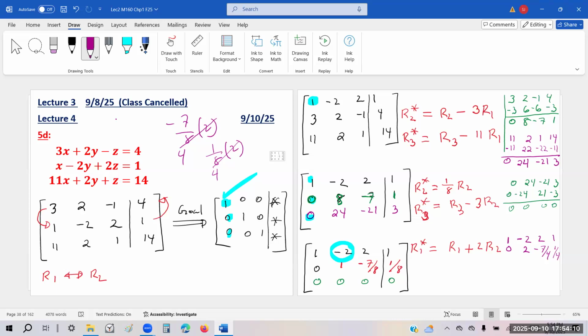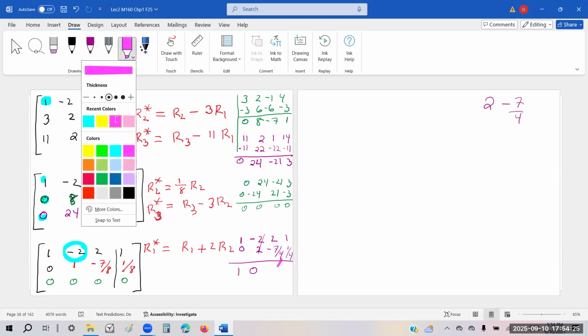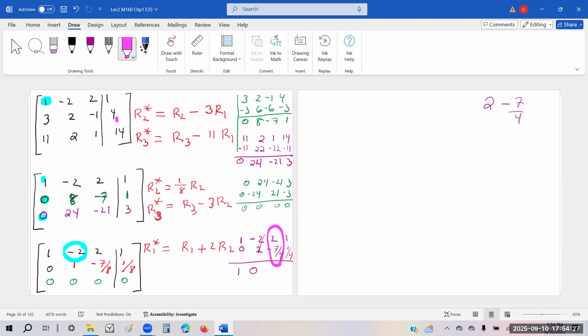And now you're going to combine them. So 1 plus 0 is 1. This cancels out, we get 0. Let me do the math here. We have 2 minus 7/4. And then we have the last one, 1 plus 1/4. So for the last two columns, we actually have to really add them.